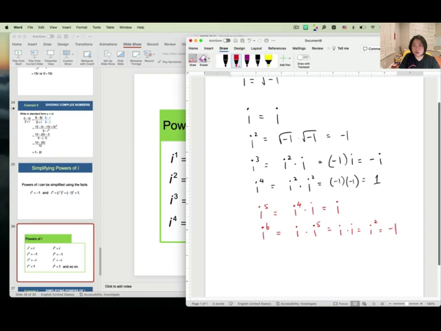Okay, or let me show you another easy one. I could do i squared to the power of 3. i squared is going to be -1, to the power of 3 still equal to -1.